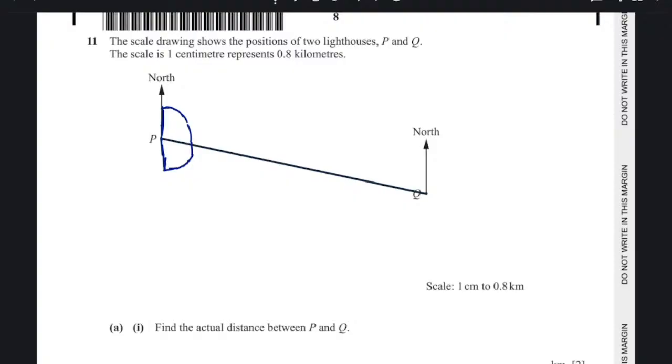Are we together? Then you measure. So you just measure how much it is.